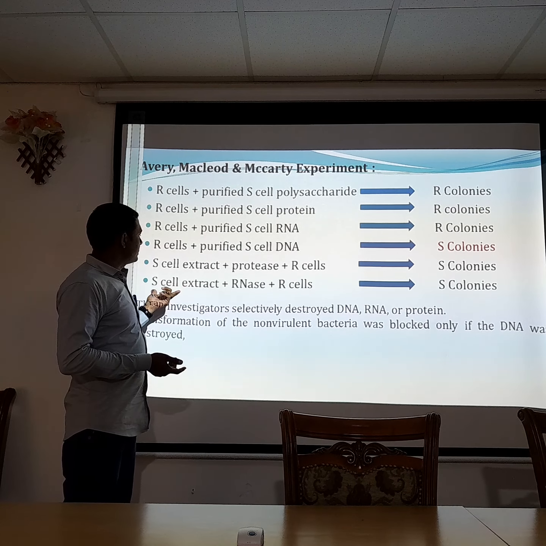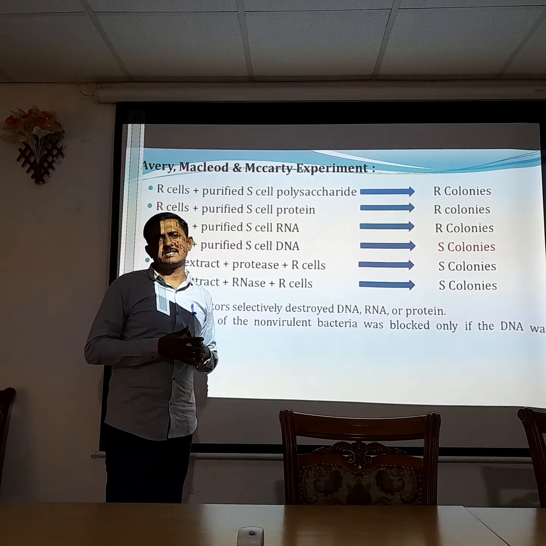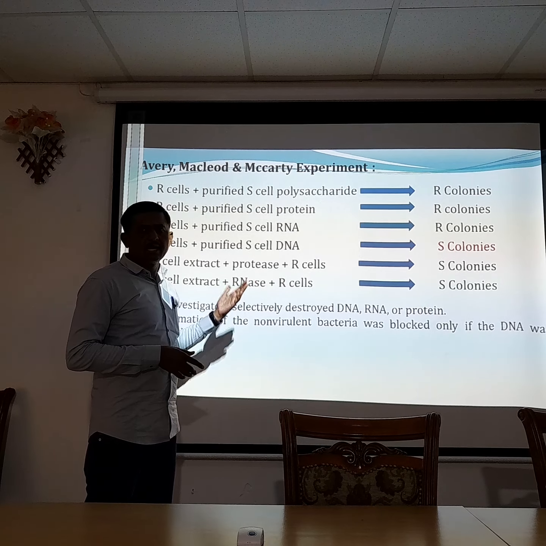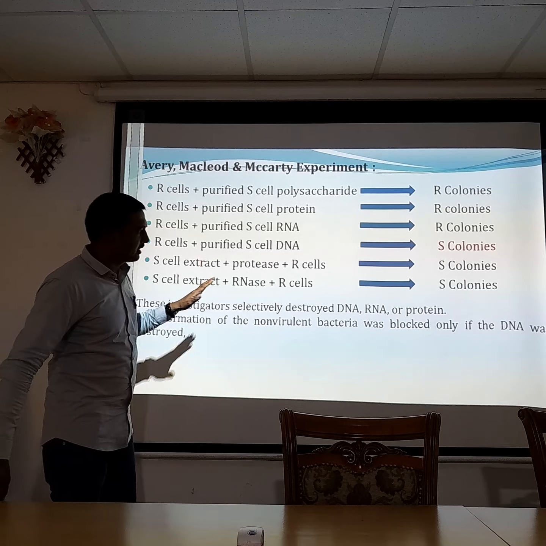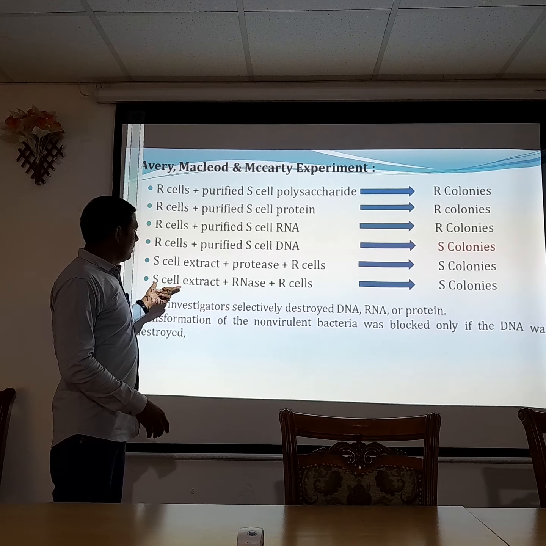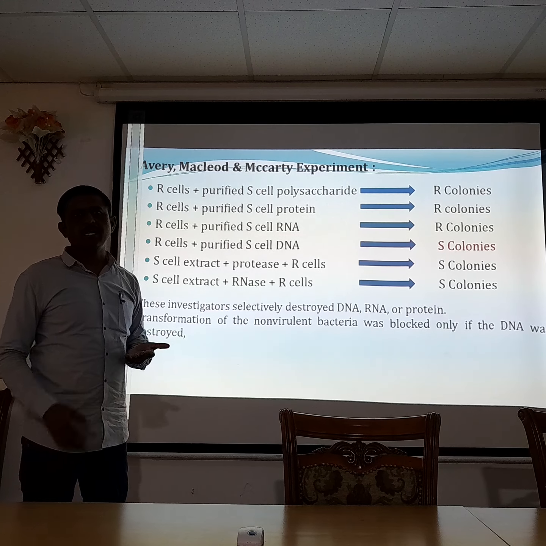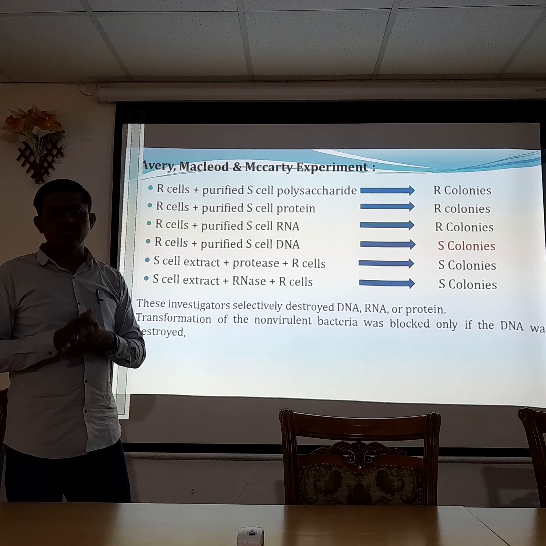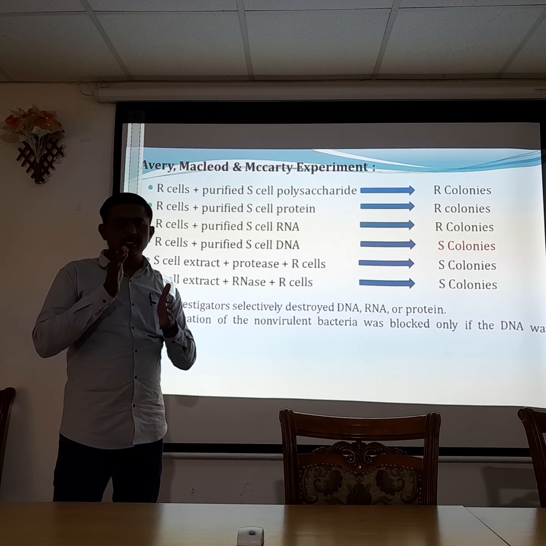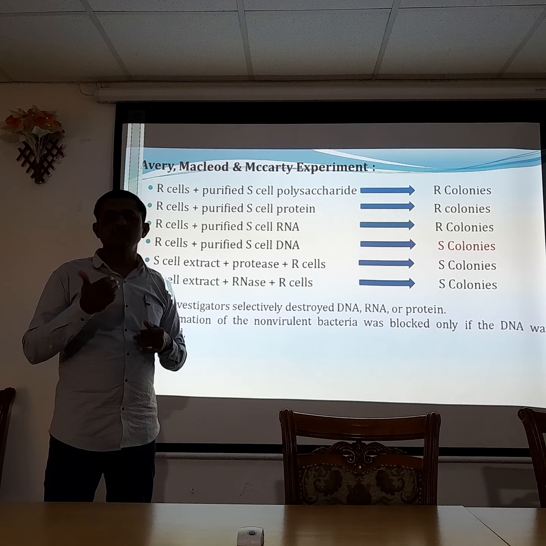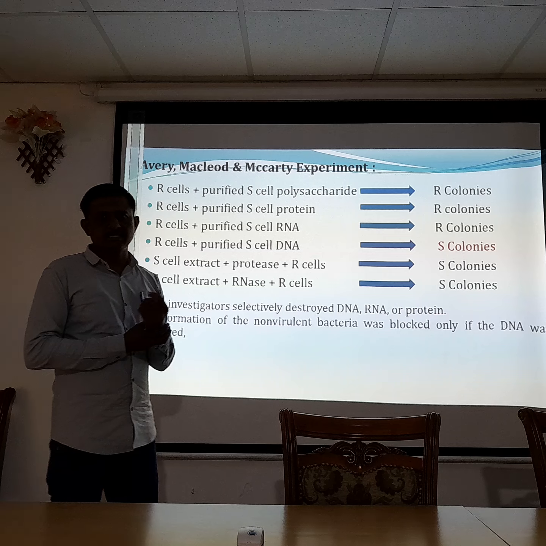In the next step they used S type cell extract plus RNase enzyme plus R type cells and again found S type colonies, so RNA is not the substance transforming R type cells into S type cells. In the next step, when they used S type cell extract plus DNase enzyme plus R type cells, they found that R type cells remain as they are. That means the transforming principle is nothing but DNA. Something is taken up by the R type cells, which is why they become virulent, and the transforming principle is DNA.